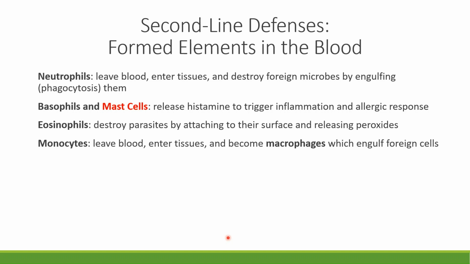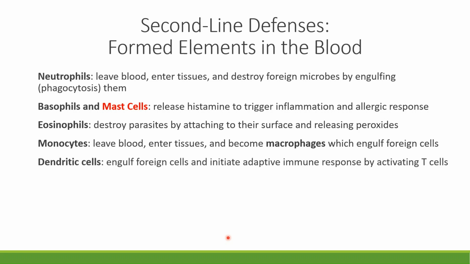The monocytes can leave the blood as well, and they can enter tissues, and they mature into the macrophages. These macrophages are able to engulf and digest foreign cells, again, phagocytize foreign cells in the body. Dendritic cells can also phagocytize microbes, and they activate the adaptive immune system by presenting antigens to T cells.